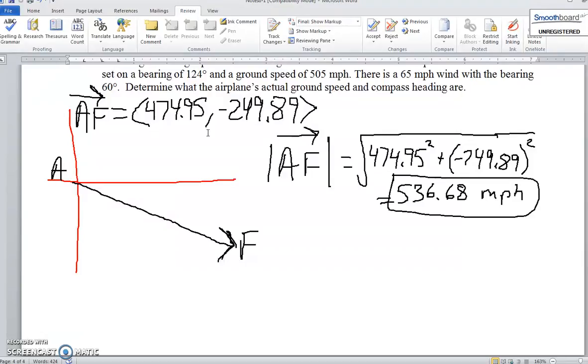Okay, to find the bearing idea, I'm going to switch colors here a second. Let's go to blue. There's a little bit more work involved, but I could start by thinking about a right triangle that's formed here, and I would just use the component numbers as well. So I'd be thinking about an x value and a y value compared to this angle. That's going to be a tangent idea.